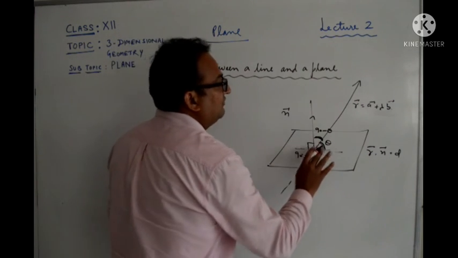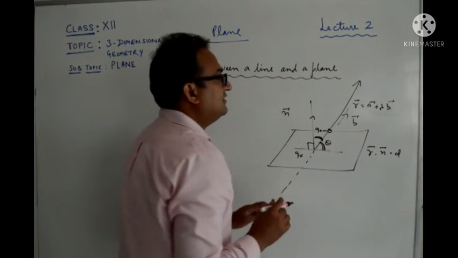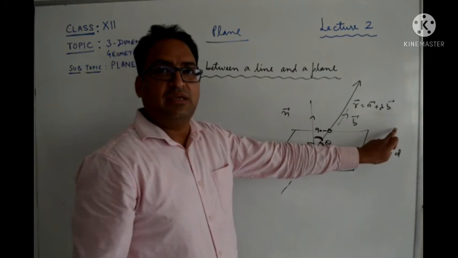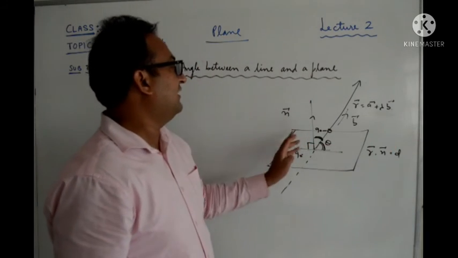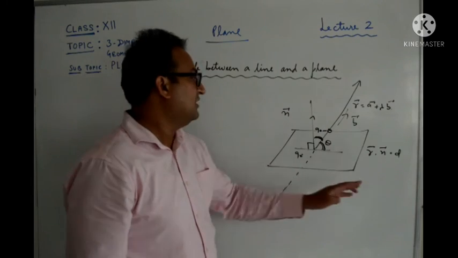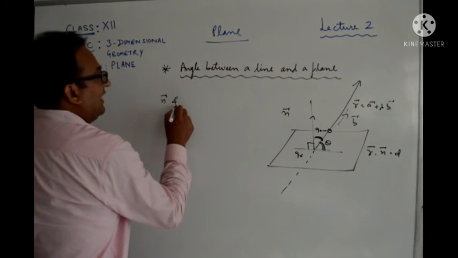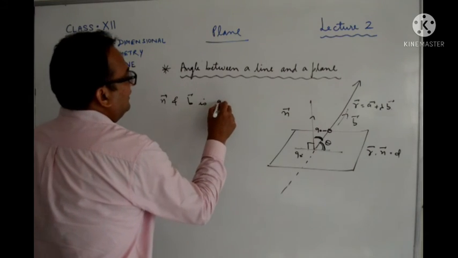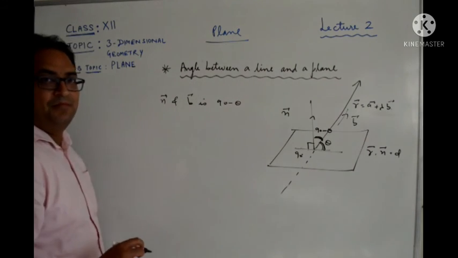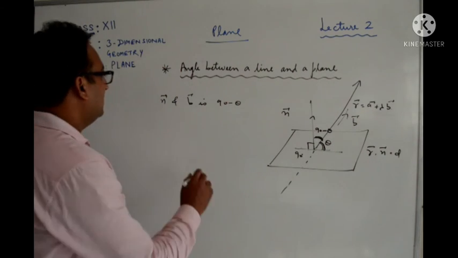Why? We have the equation of the line and a vector along this line, that is vector b, and we have the vector n, because we have the equation of the plane. The angle between the n vector and the b vector is 90 minus theta, and we are interested in the angle theta.